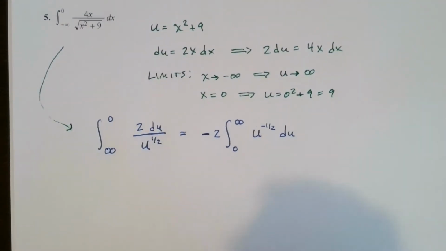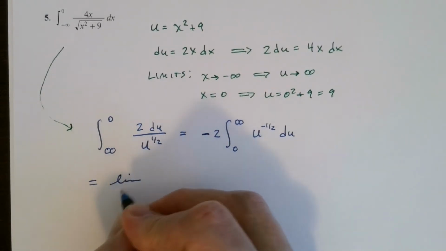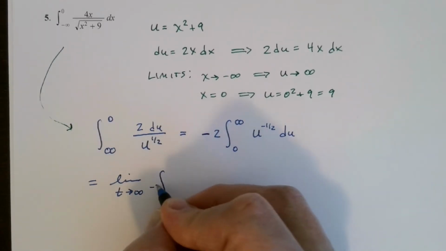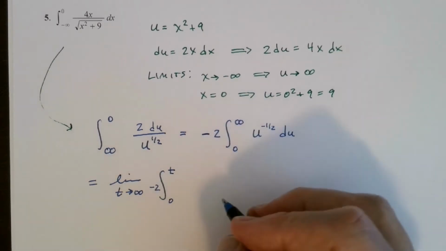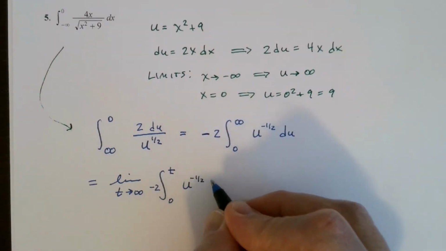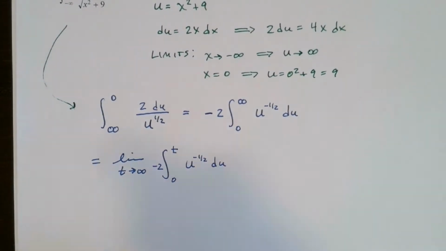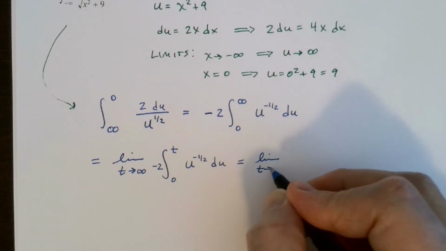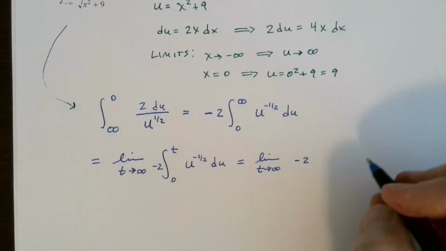All right, so now I can write it in limit form. It's the limit as t goes to infinity, negative 2, integral from 0 to t. Now I can take the antiderivative. It's the antiderivative of u to the negative 1/2.